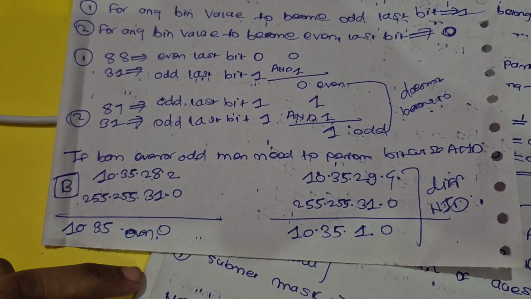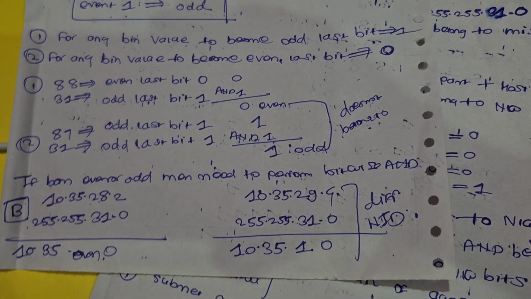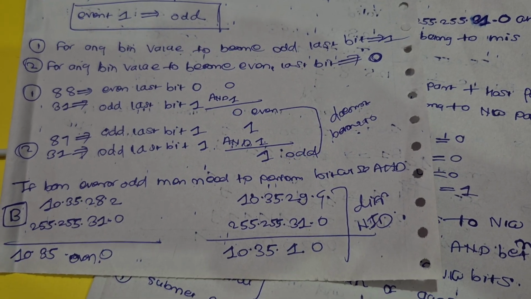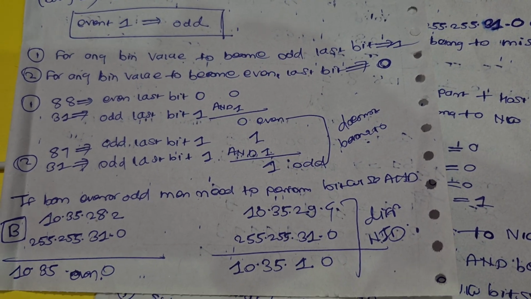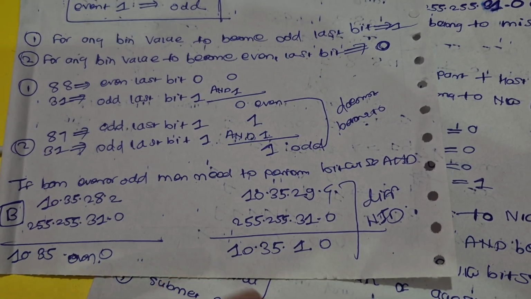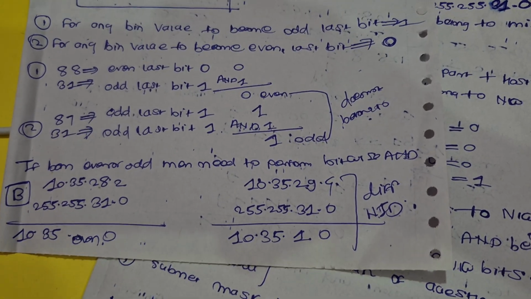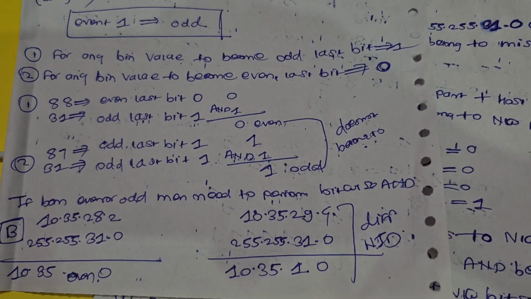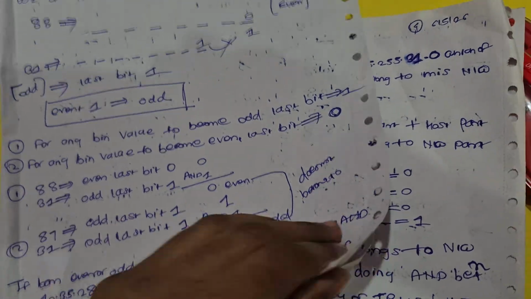And 29 is odd, 31 is also odd, so 1 and 1 is 1. So both are different, so it does not belong to the same network ID. This option also gets cancelled.